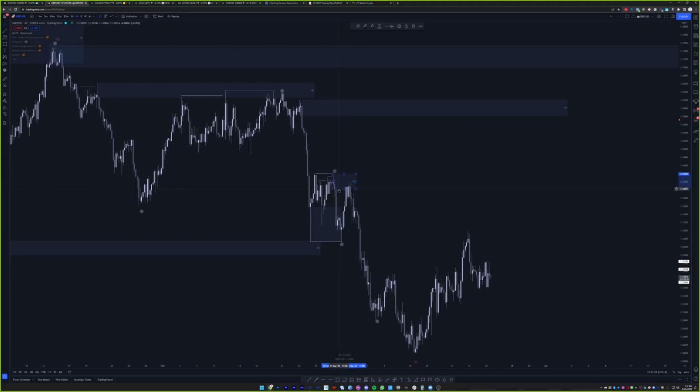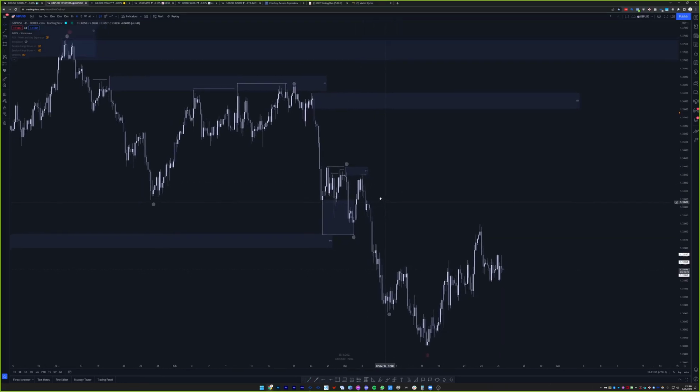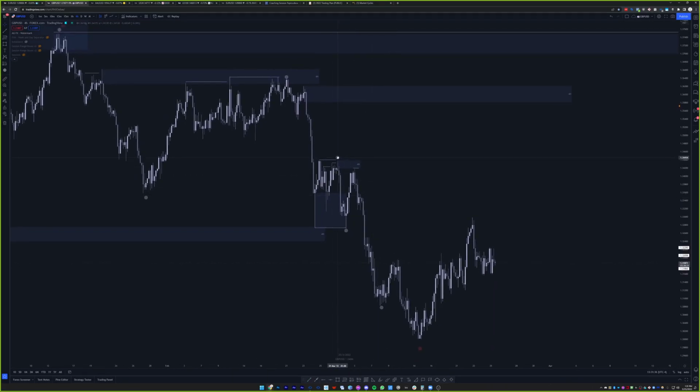I always just want to think price could come up to this leftover wick, right? There's always the possibility that this could get swept. One thing that price does a lot is usually come back to mitigate the sweep itself. Yeah, and that's why we always pick these as high probability POIs, right?